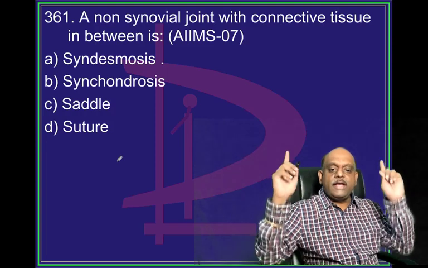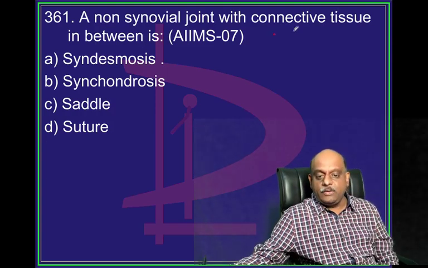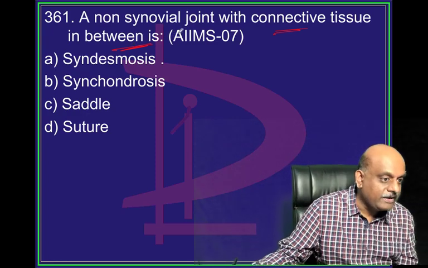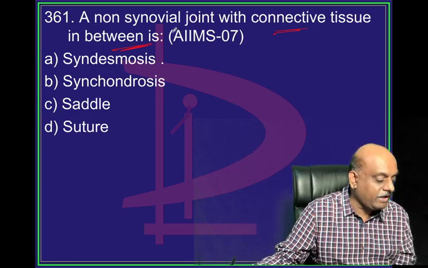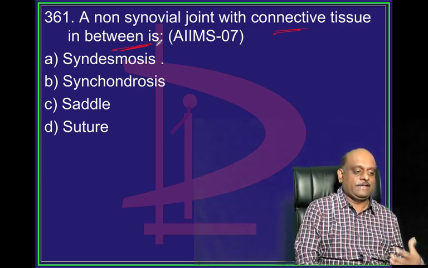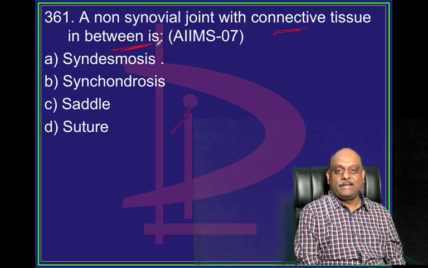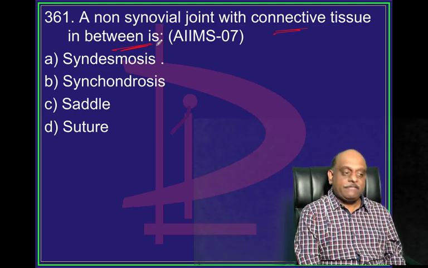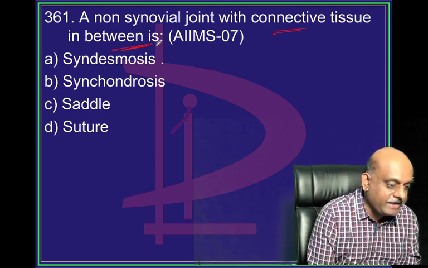A non-synovial joint with a connective tissue in between it. What is it called? Question number 361. Punch your answer, doctor. Let me see how your answer will be, let me see your depth of perception on this topic. Come on, give me your fatafat answer. Question number 361.